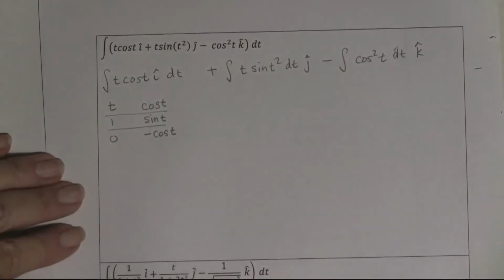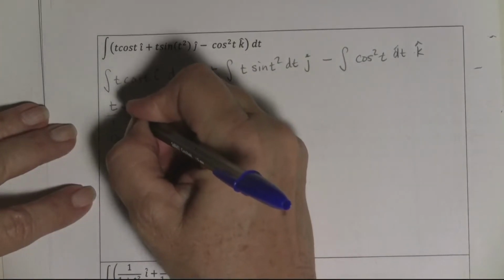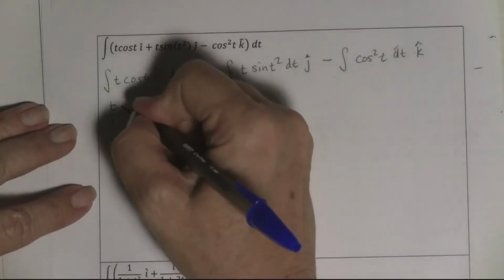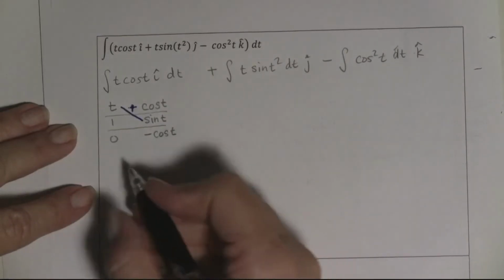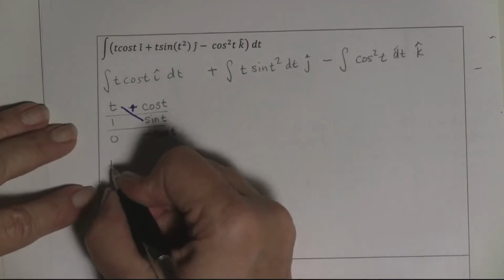And then I was taught that you do the diagonal and you add them. So the first one is plus. I'm taking the antiderivative of this, so it would be a positive t sine of t.